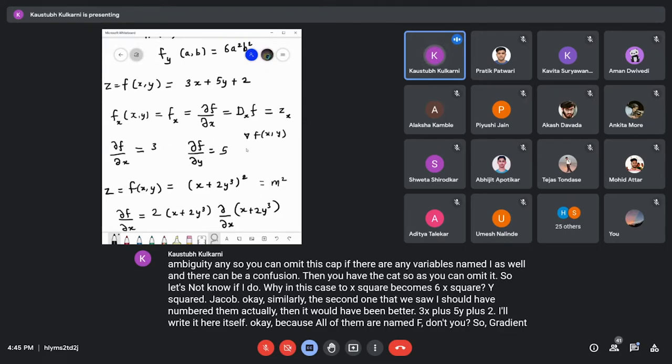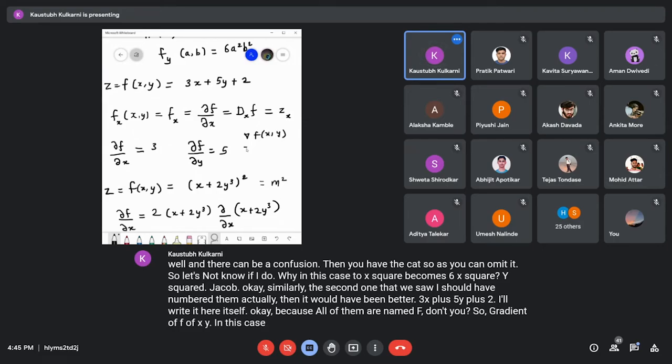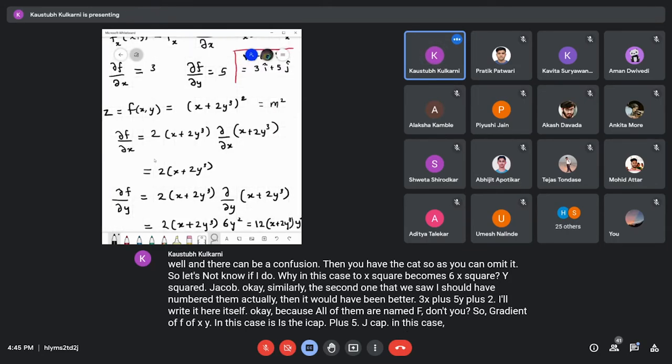Gradient of f of xy in this case is 3 i cap plus 5 j cap.